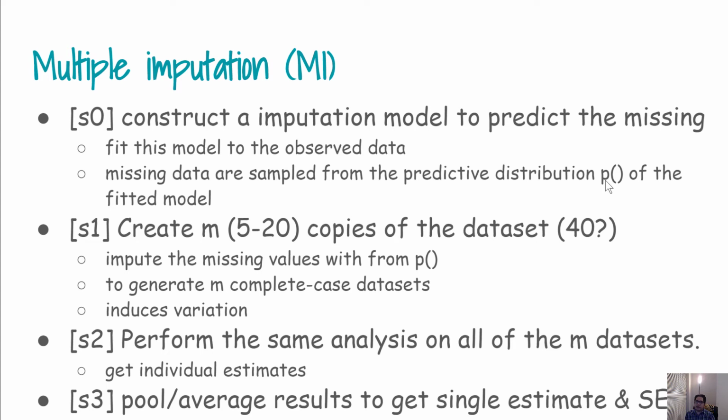So we are not really getting any exact value, but we are mainly interested in the predictive distribution that we get from the fit, and then from that predictive distribution we are imputing the missing values, and that's where we are inducing some variability, so that every time we do this missing data imputation, we are essentially imputing different copies from the predictive distribution.